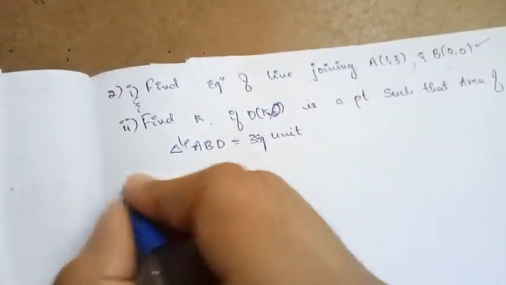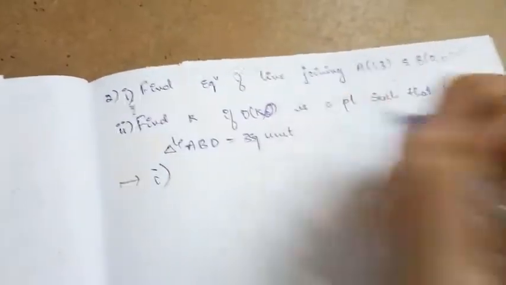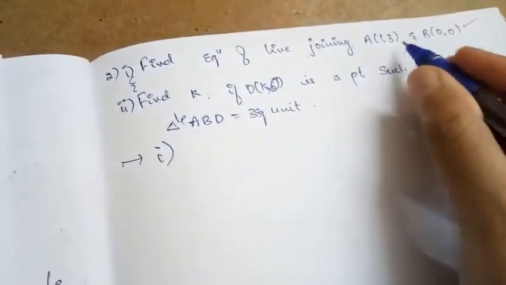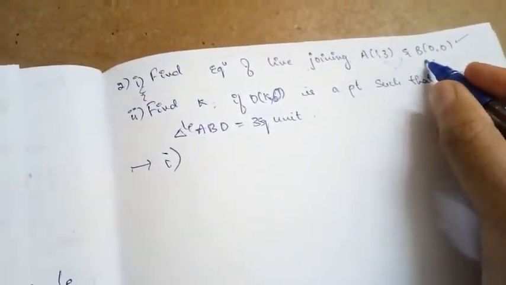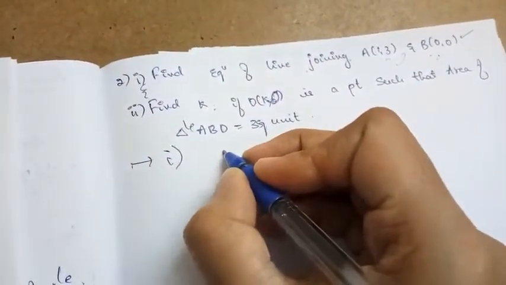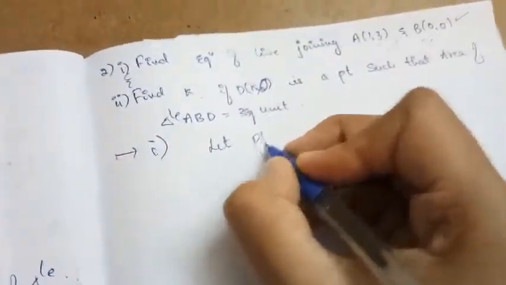So let us go with the first one. We need to find the equation of the line. Here we have 2 points. First, I will assume a point P(x, y).